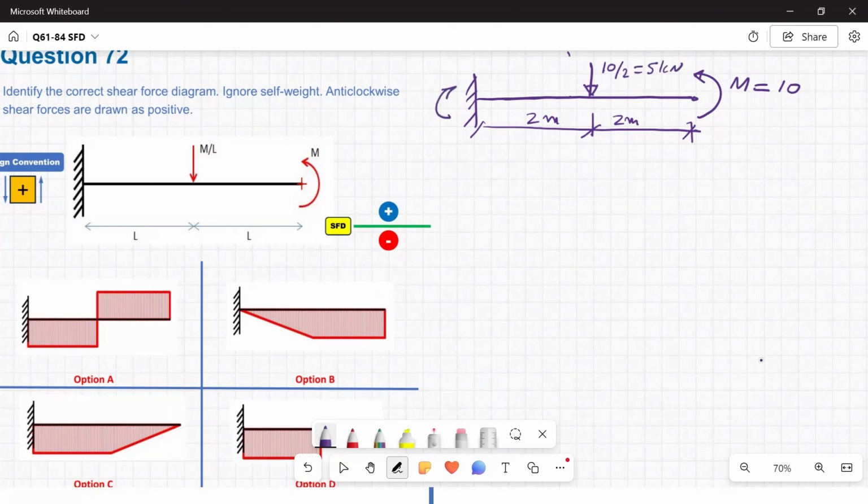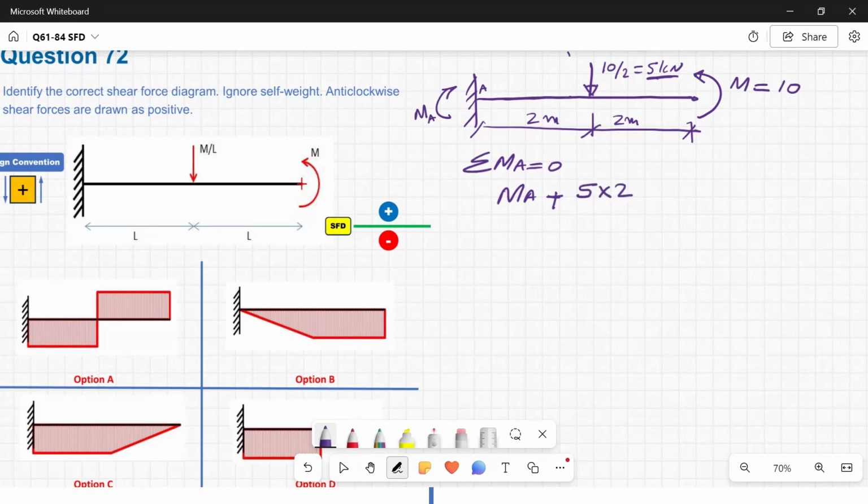And this is the reaction moment. I call it MA. This is point A. Let me say that the summation of moments at A is equal to 0. Then I will have this reaction moment, which is a clockwise moment. I will say MA. Plus I have the moment generated due to this point load, which is 5 times 2.